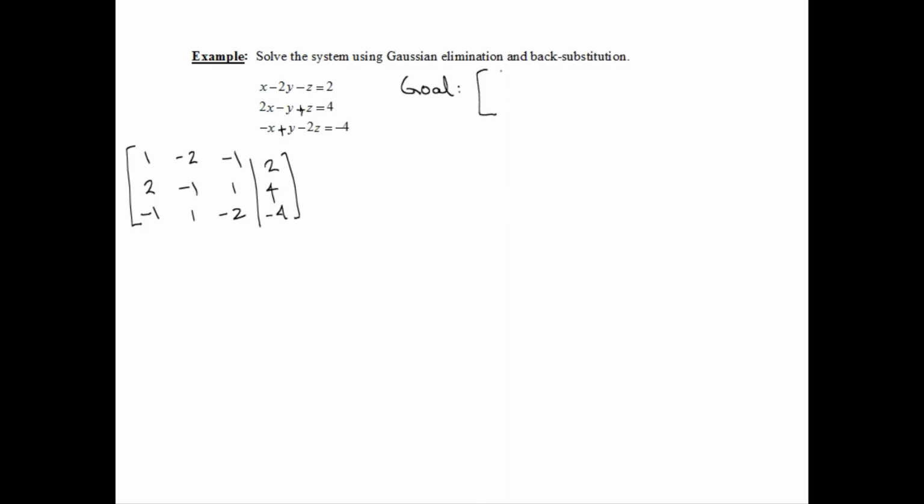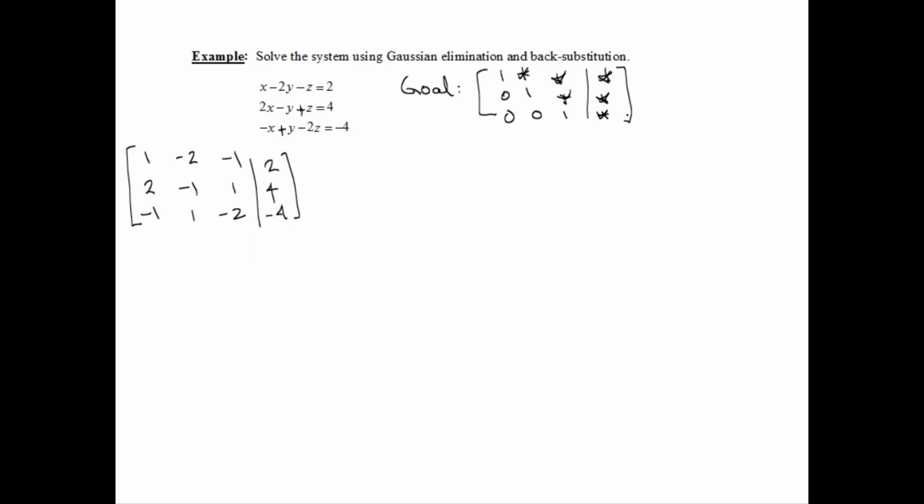In other words, we want to have this to where we have ones down the principal diagonal and then zeros below it, and then these others are going to be just whatever they turn out to be. Once we get it to look like this, we'll be able to solve it with back substitution. So that's what we want to get.